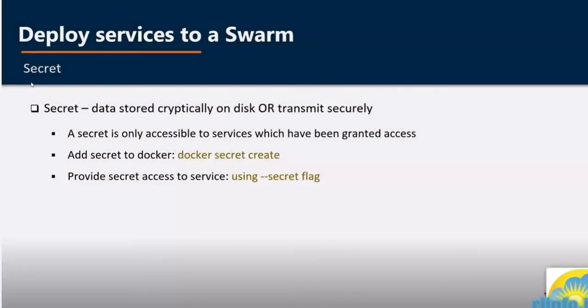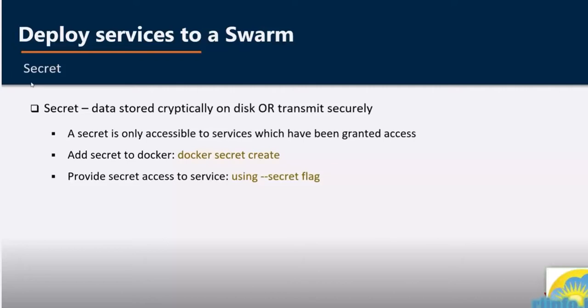Hello everyone. In this nugget, we will talk about secrets. A secret is a blob of data such as a password, SSH private key, SSL certificate, or another piece of data that should not be transmitted over a network or stored unencrypted in a Dockerfile or in your application source code.